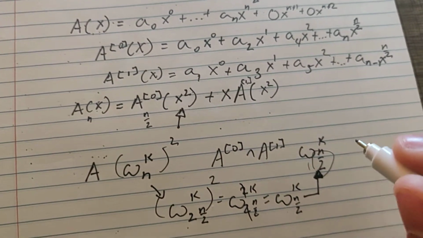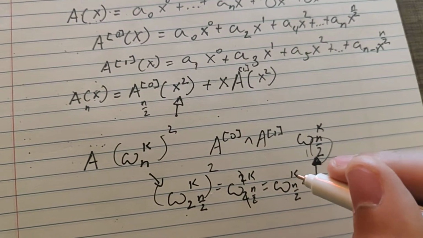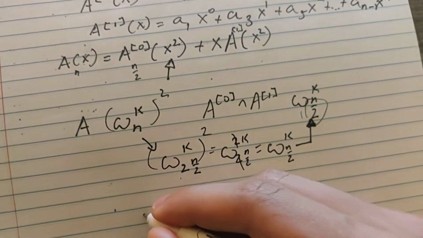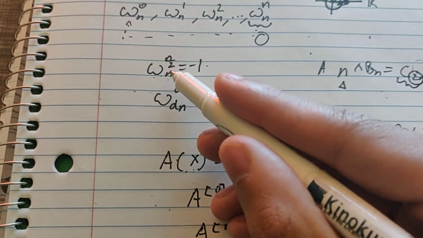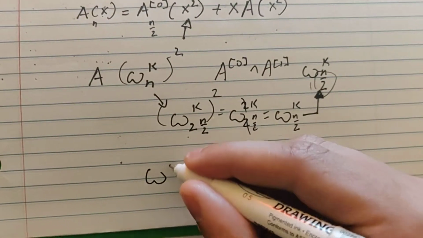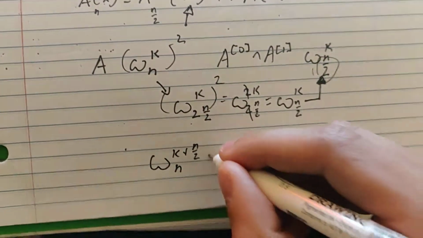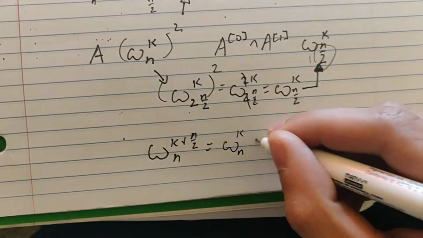So we have to think about, what do we do for the other n over 2? So this works for the first n over 2 k values, but the second n over 2 ones could be different. But then we need to remember that omega n to the n over 2 is equal to negative 1. So if we look at omega n to the k plus n over 2, this is just a power, so I can just rewrite them as products of each other.